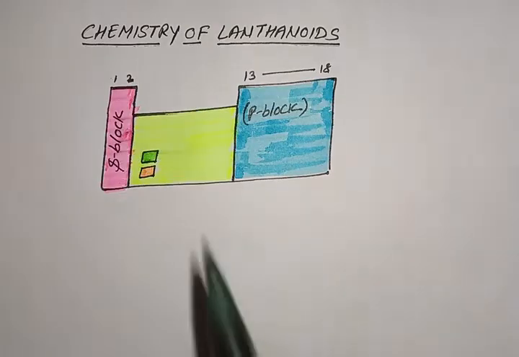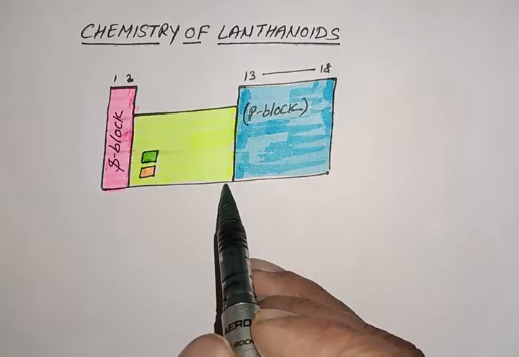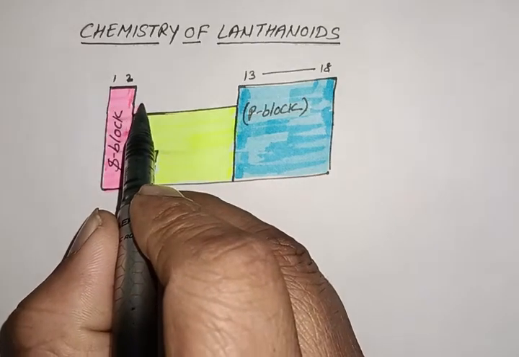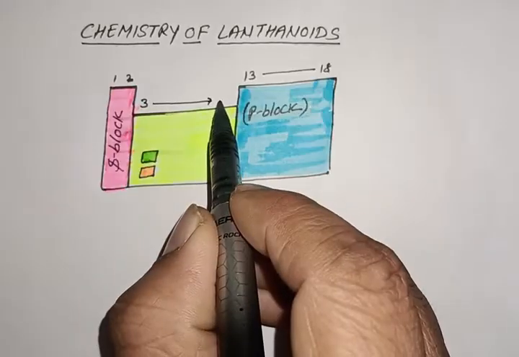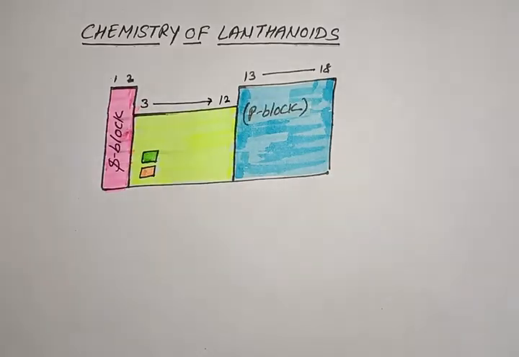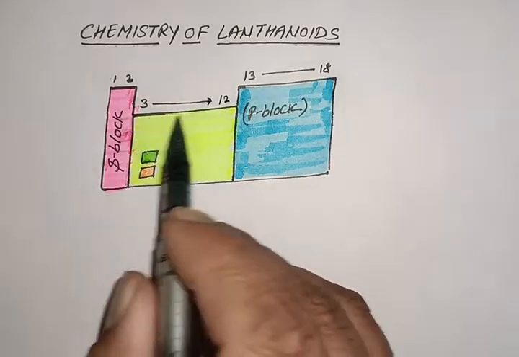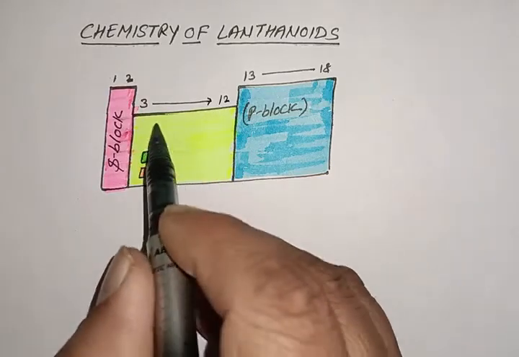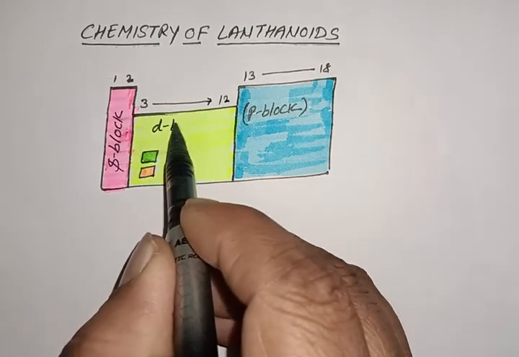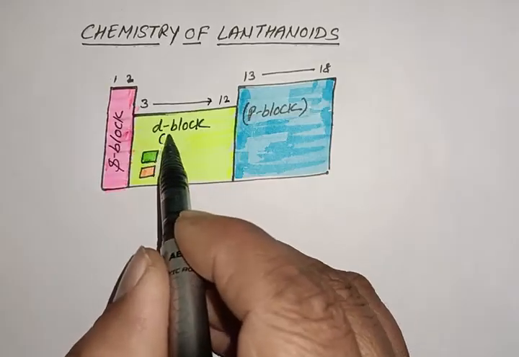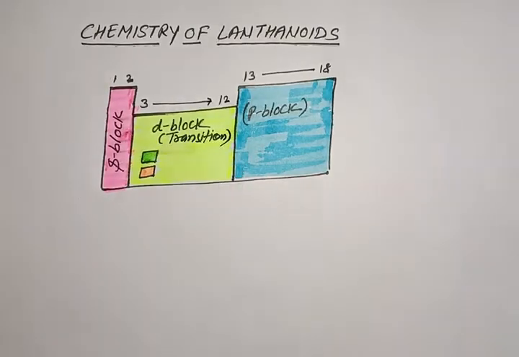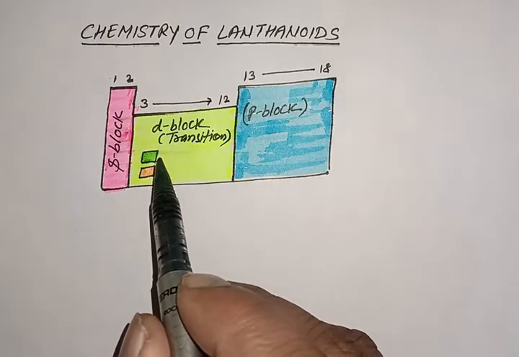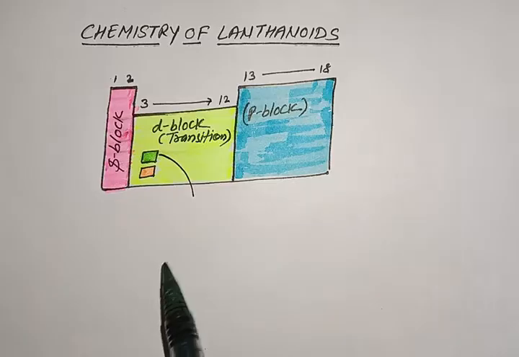And in the middle of s and p block elements, there are 10 groups, from group number 3 to group number 12. These elements from group number 3 to group number 12 are also called d block elements, or the transition elements, which we have studied earlier. In the transition elements, there are two series of elements.